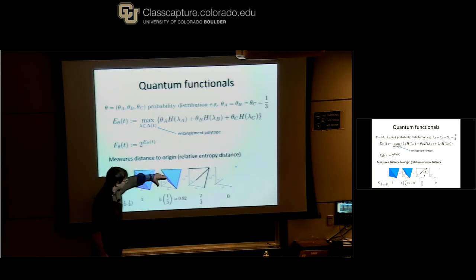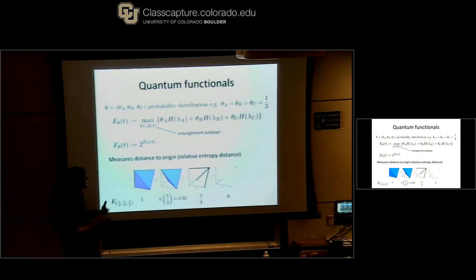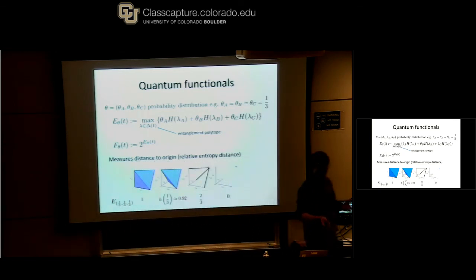You can quantify this distance in different ways, and these different ways give you different functions. But they're a natural set of functions to consider, and what is nice is that they are built on top of this entanglement polytope, and they give you this information. So I think with that, I'm done. Maybe you have more questions.